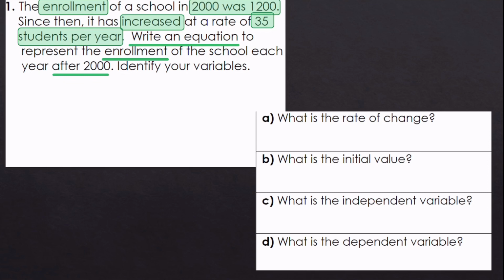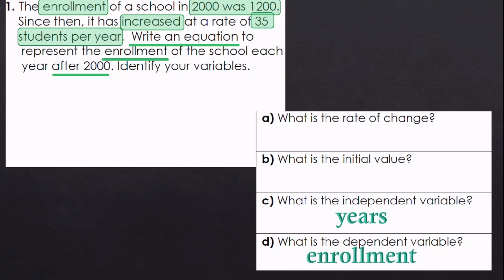What is causing the change? More years. There's more students, the more years. If we stop at a year, it doesn't change. So it's the number of years. What's dependent? Well, what is our outcome? What are we looking at? Well, we're writing an equation for the enrollment. That is our dependent variable.